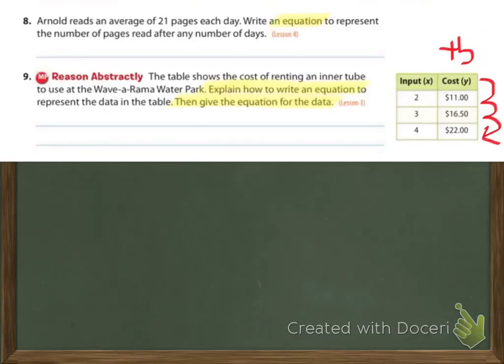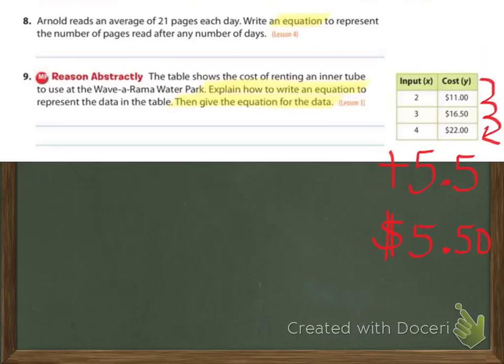Okay, let's try writing that somewhere else. The cost is going up by 5.5. Same thing, 22 minus 16.50, the price has gone up. So we're talking about cost, so we're talking about price. So money, we're talking about it's going up by $5.50. Okay? So we should be able to plug that into an equation.